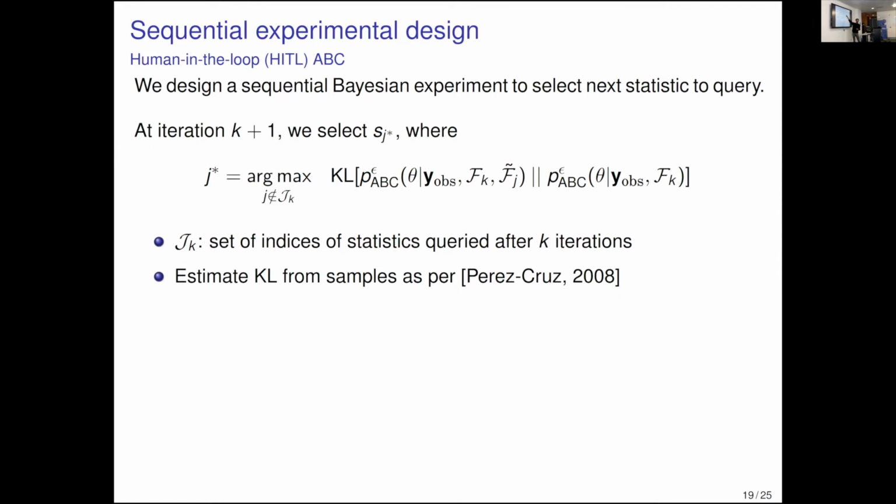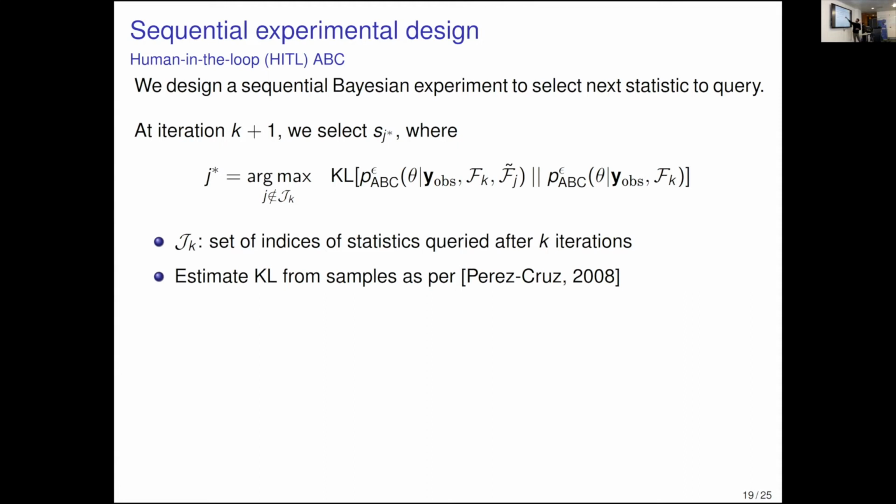So which feedback should I get such that the improvement in KL is the maximum? Which basically means that on adding which statistic, my posterior is going to change the most. And we assume that that is going to be caused by an informative statistic, because if it's a statistic which does not have much information about theta, it most probably is not going to change the posterior much.